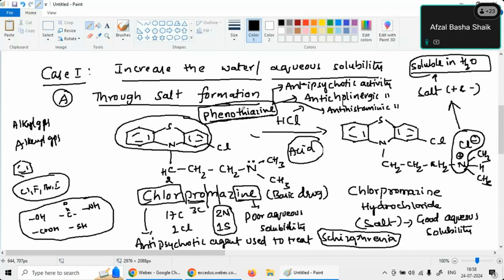But wherever you see phenothiazine, the compounds containing the phenothiazine ring have antipsychotic, anticholinergic, as well as antihistaminic properties. Clear? Yes, sir. Please take a screenshot of this.